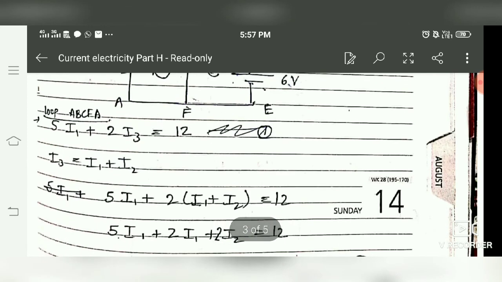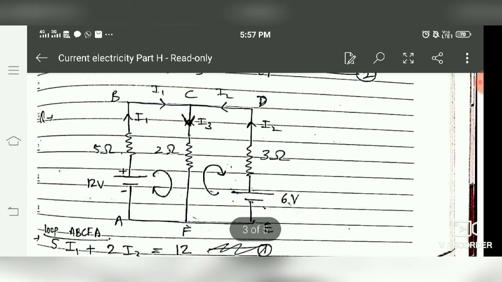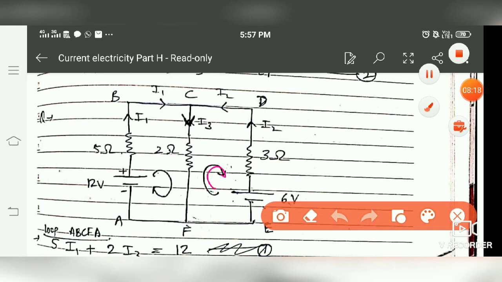If we take the second loop, in this second loop we get what? Again we are traversing in this direction, that is clockwise. This is negative, this is negative, and we are entering from positive to negative.